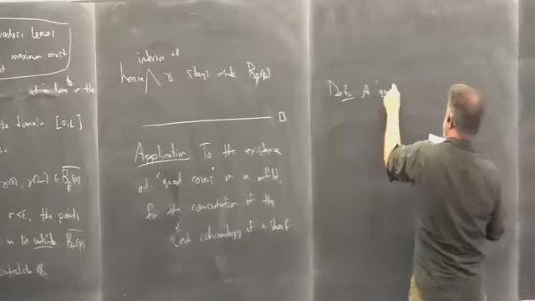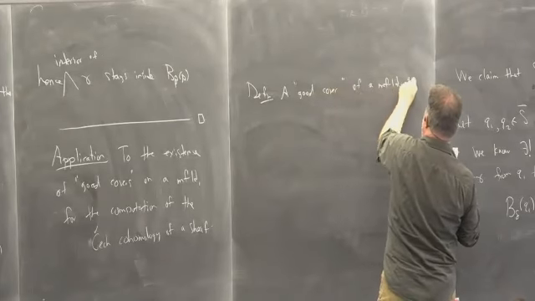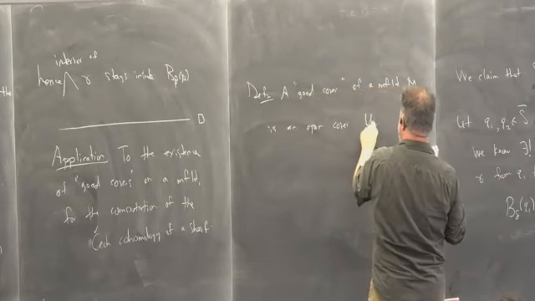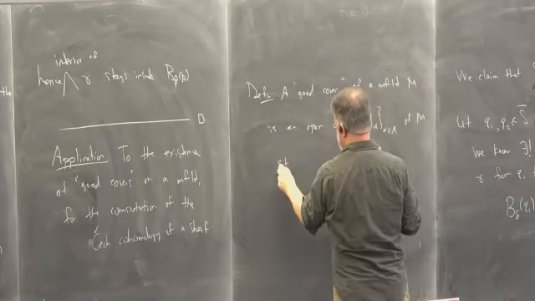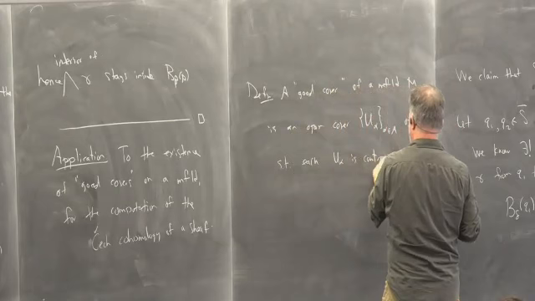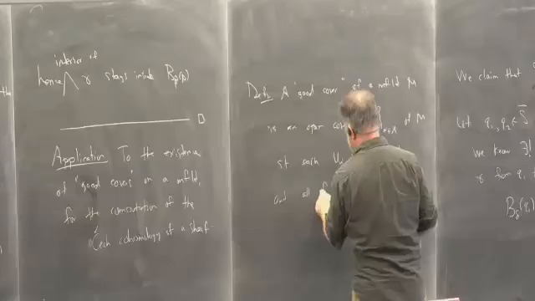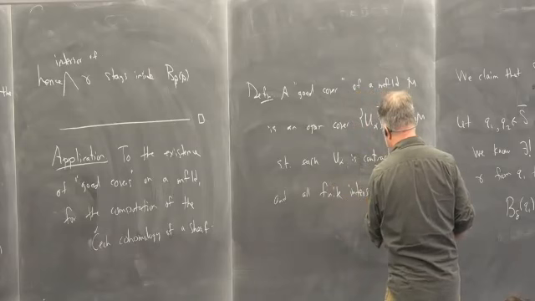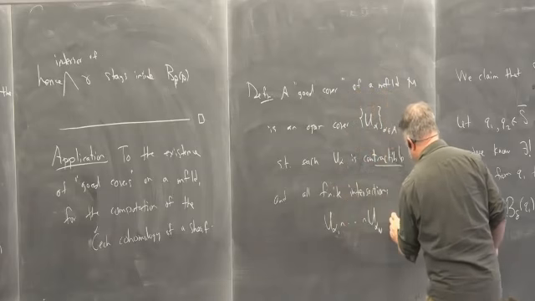A good cover of a manifold M is an open cover, let's say U alpha, of M, such that each U alpha is contractible, and that's a topological notion, and all finite intersections, if they're non-empty, U alpha 1 up to U alpha n, are contractible.